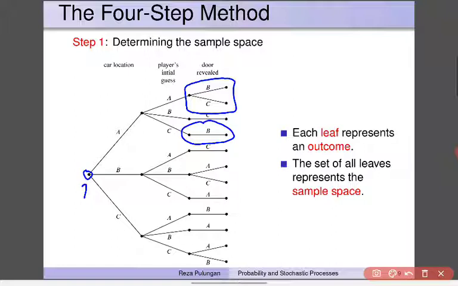Now each leaf here, these are the leaves, in the tree diagram represents an outcome, and the set of all these leaves represents the sample space. So all of these leaves are the sample space.